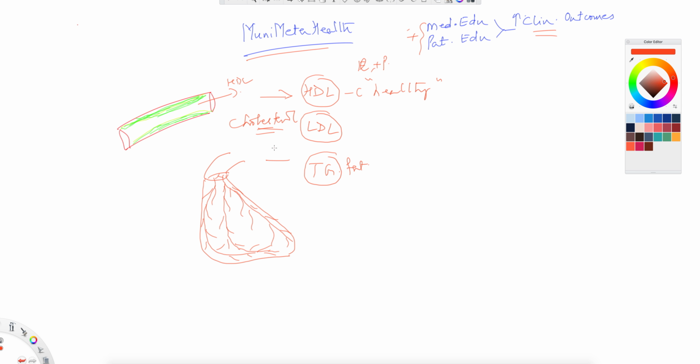LDL is on the slow lanes. The cholesterol that's attached to the LDL lipoprotein, low density lipoprotein, is considered unhealthy, or we call it lousy. Why? Because it sort of snugs around and sits on the shoulders of the highway, and as a result it accumulates and creates more plaques, more problems.